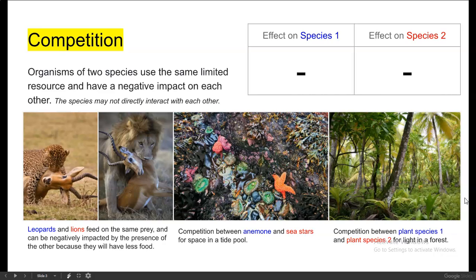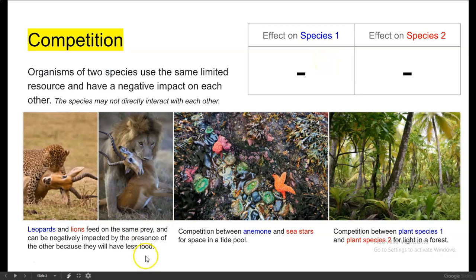Competition is another example of a community interaction. This is where organisms of two species use the limited resources in the environment, and they both have a negative impact on each other. Since both are competing, neither is really getting a positive result from this, and so both species are going to have negative effects.